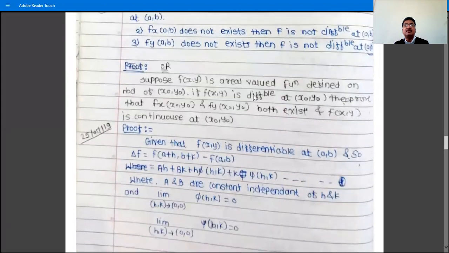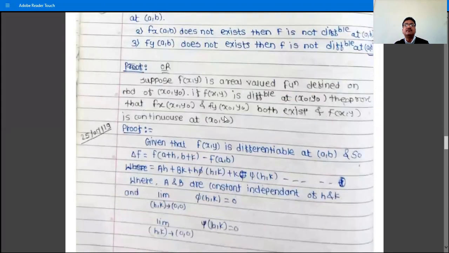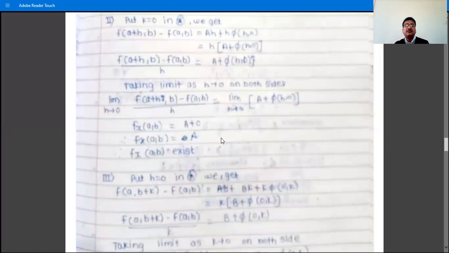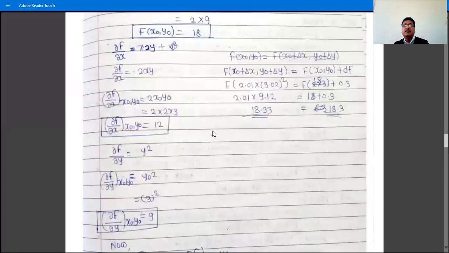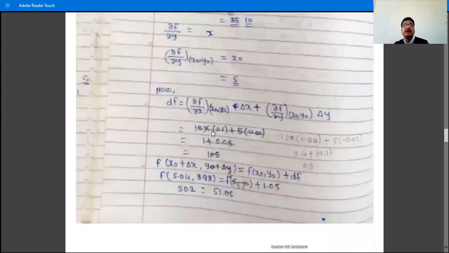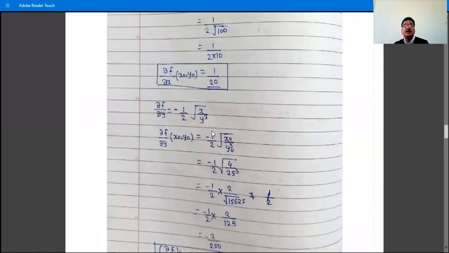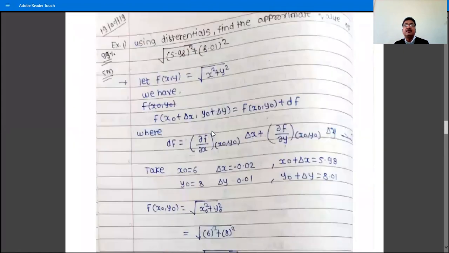So we can use this theorem to write another form of the definition of differentiability. Capital A is fx(a, b), and capital B is fy(a, b).